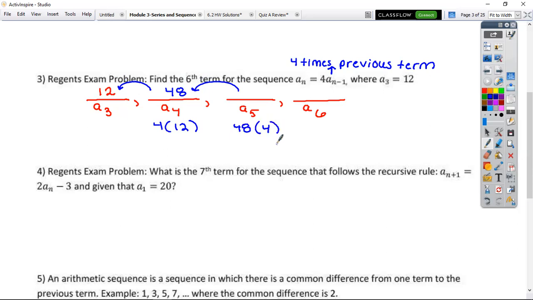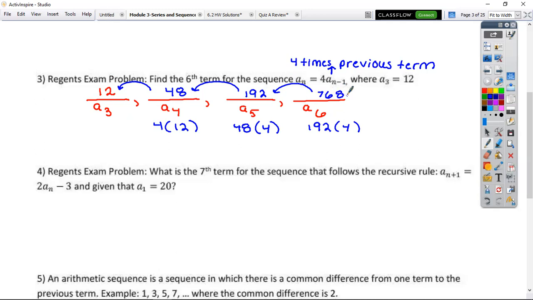I think this one's going to get pretty big. So 48 times 4. I got 192. And once more, look at the term before it and multiply it by 4. That's all the work you're really required to show on these. That is 768.